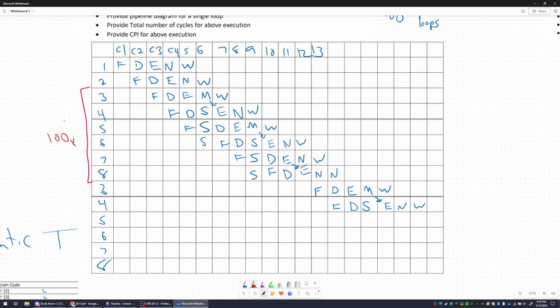Why don't we stop pipelining after writing fetch for line 4? No, because there's a loop, no? This part will happen 100 times. I'm writing it out more, but you can write one of these 100 times.